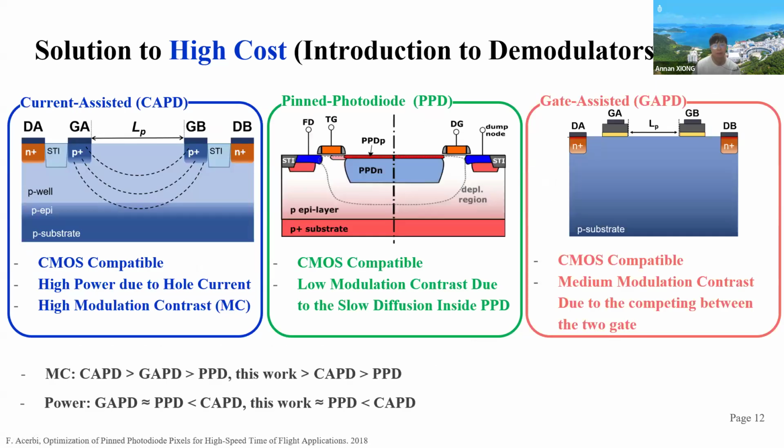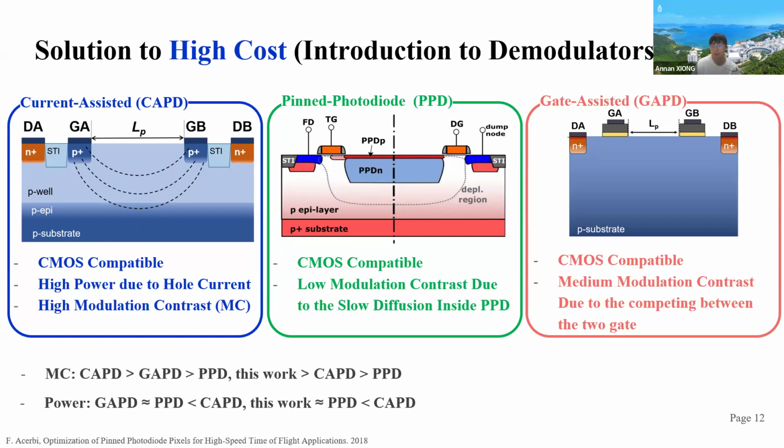For mainstream demodulators, it can be roughly divided into 3 cases. The first one is the current-assisted photonic demodulator. It has high power due to its whole current. At the same time, it can have a high modulation contrast. The second one is the traditional pinned photodiode. The modulation contrast is lower due to the slow diffusion inside the PPD. The third one is the gate-based photonic demodulator.